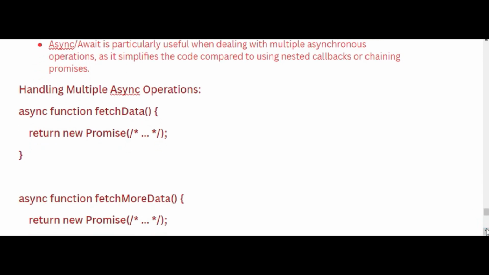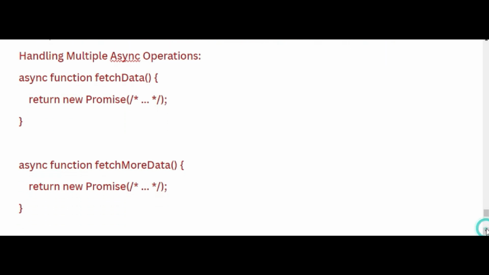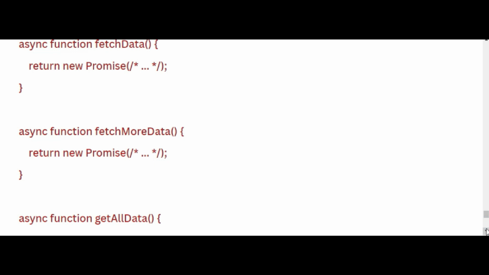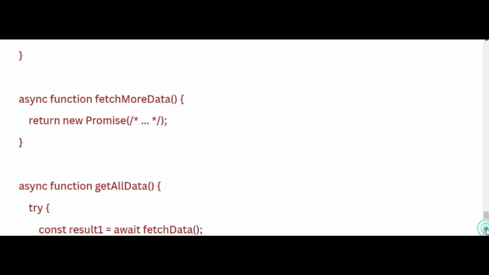Now, handling multiple asynchronous operations. Async function fetchData returns a new promise.